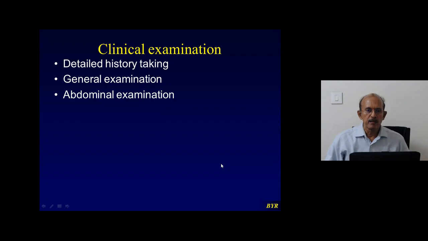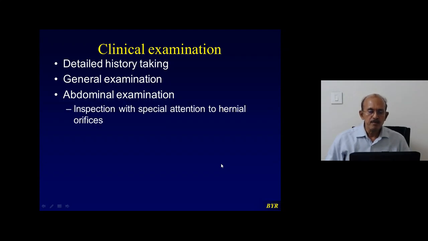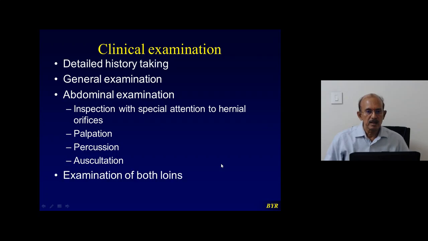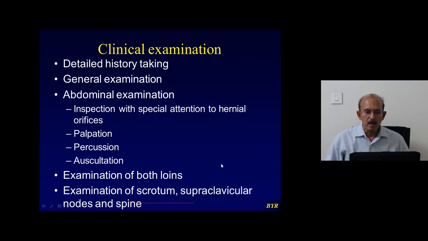General examination, abdominal examination, inspection with special attention to the hernial orifices, palpation, percussion, auscultation, and examination of both loins, examination of scrotum, supraclavicular region, and spine. So these are the steps you have to take in the examination of the abdominal cavity.